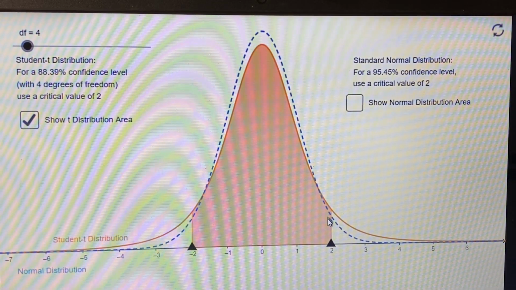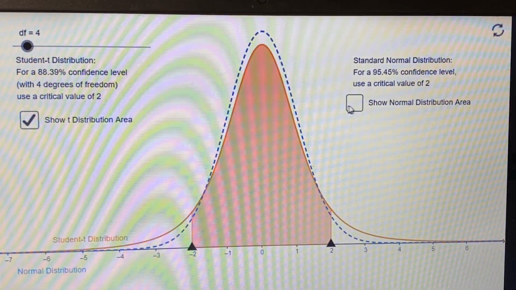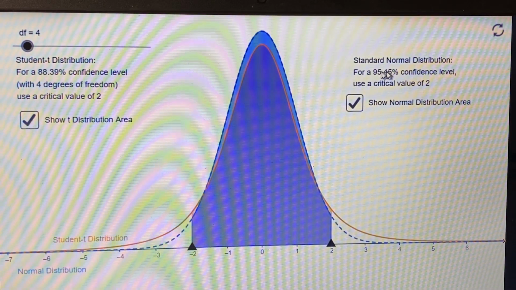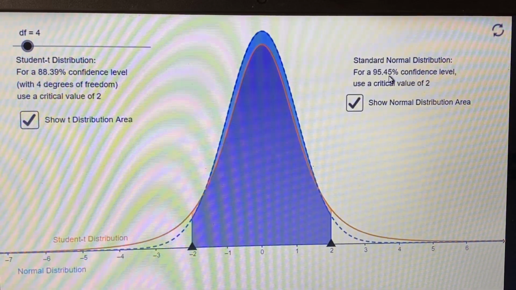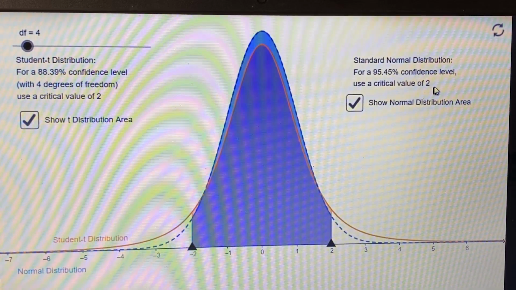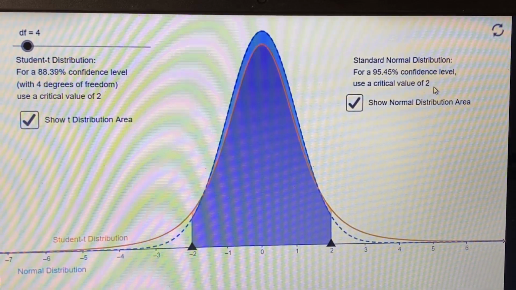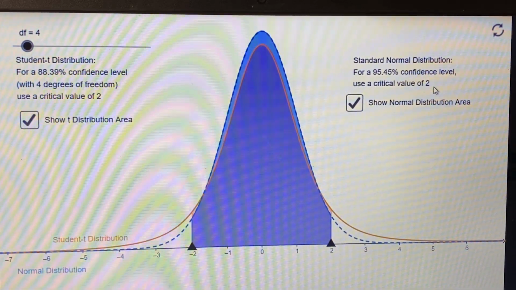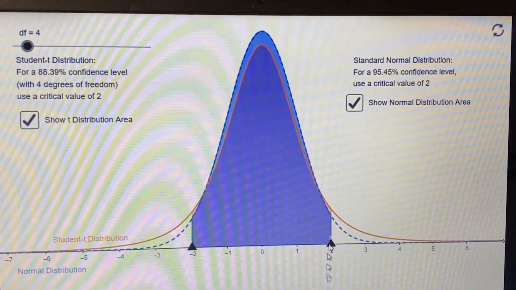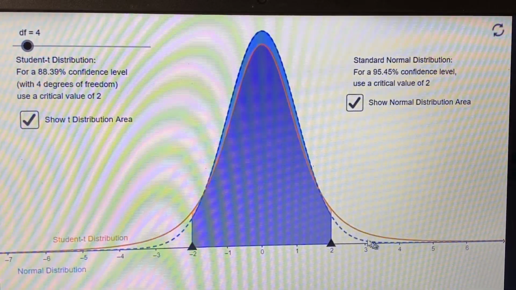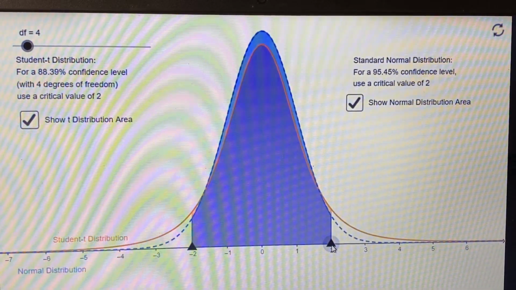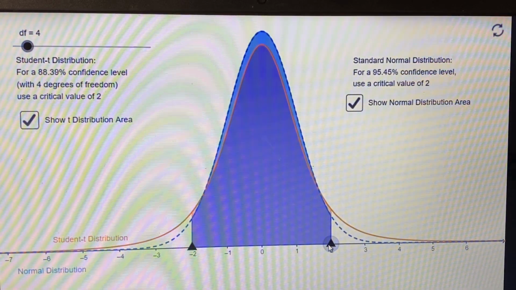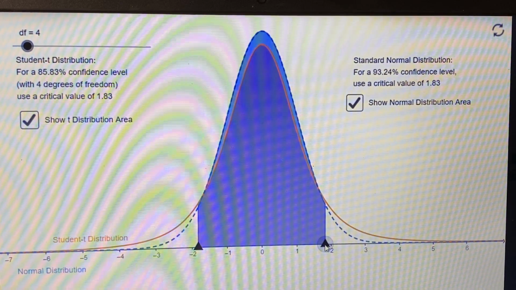But notice that for the normal curve, let me show you, click on this box. Here is 95%. Well, it's almost 95, 95.45, because remember 2 is just an approximate value. 1.96 would be exactly 95, but I had a hard time moving this to be exactly 1.96. So if you see, I can move this. There's 1.83.